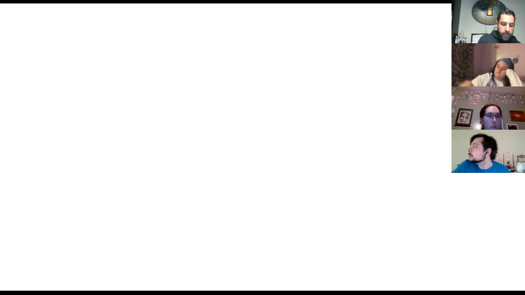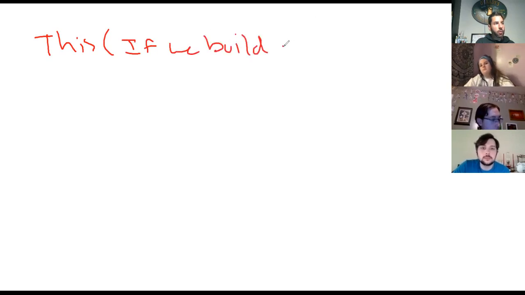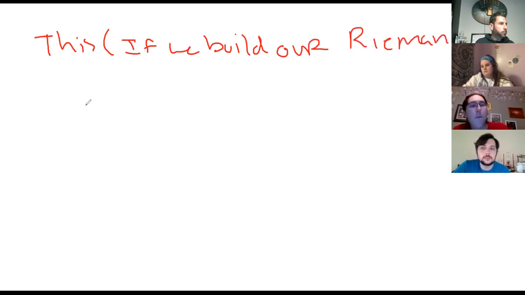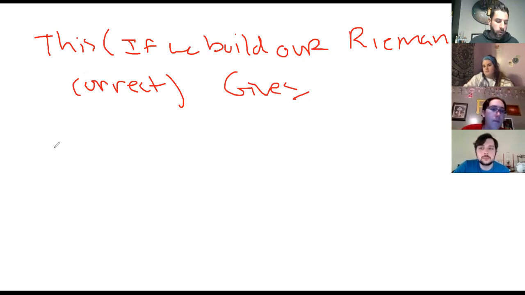So what we end up getting is the following. If we build our Riemann sum correctly, it gives the following, and this is the big excitement, and then we're done.